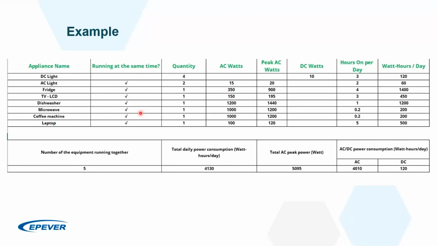This determines the amount of power needed for the inverter, and also affects other components in the system. In this example, I have considered that I'm using the AC lights, the fridge, the TV, dishwasher, microwave, coffee machine, and the laptop all together.